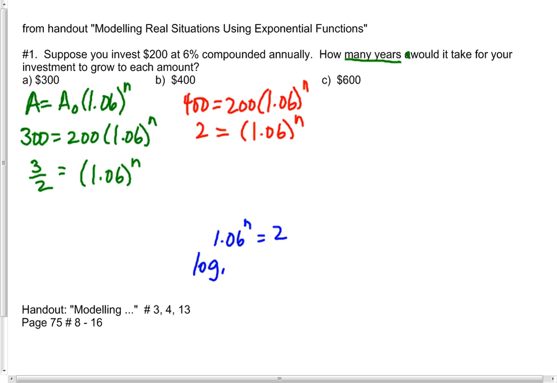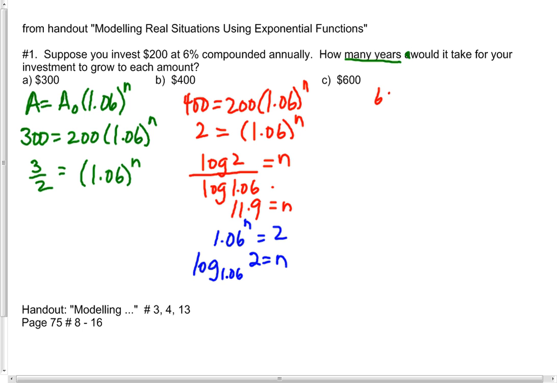Log base 1.06 of 2 equals n, the exponent. Well, from my solving, I can find n by log of 2 divided by log of 1.06, and I will get my n value. Log of 2 divided by log 1.06, 11.9 years, so almost 12 years.